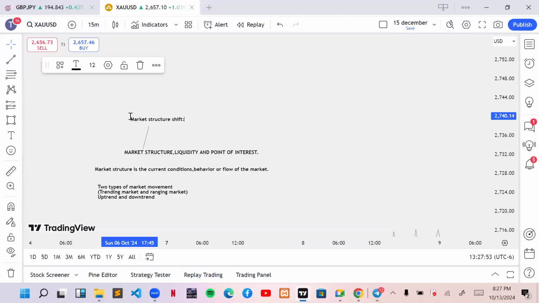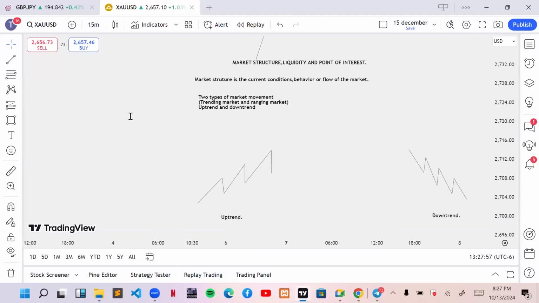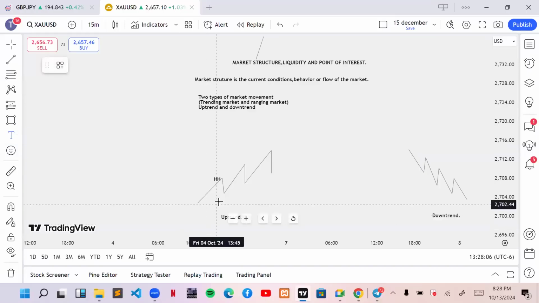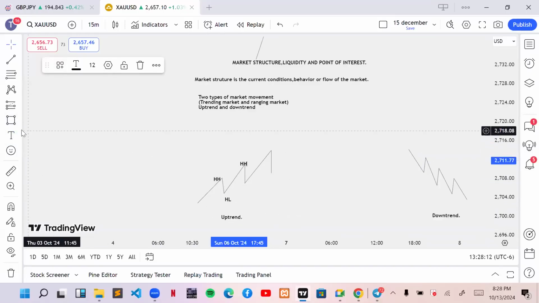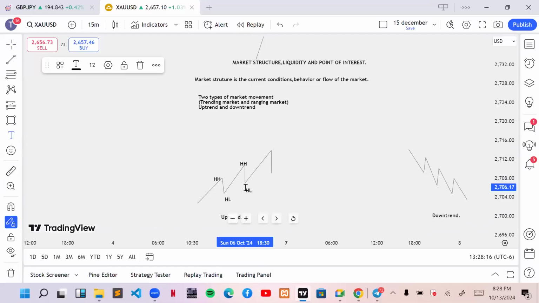What do I mean by that? When the market is in an uptrend, the behavior of an uptrend is a series of higher highs and higher lows. Here you can see this is the higher high. I will simplify that with HH, higher high, and this is the higher low, also with HL. This is the higher high, this is the higher low, this is the higher high, this is the higher low.